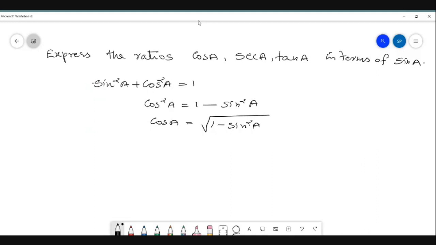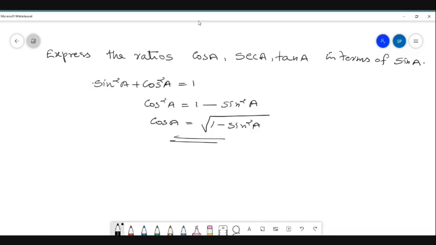Because if p square equal to some x, then p equal to root of x. The same thing here also. So cos A is converted in terms of sine. Now the second one is sec. How to convert sec in terms of sine?